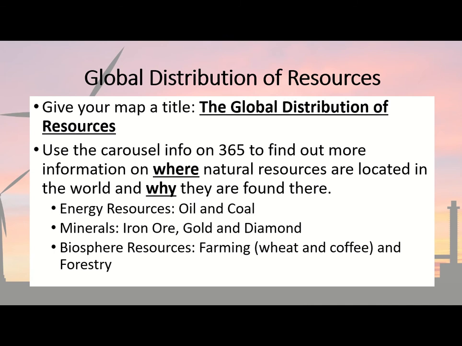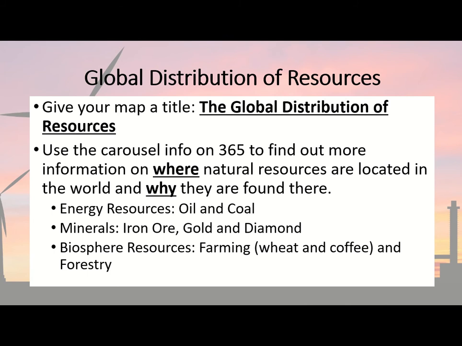So there are 3 categories that are going to be included within this particular presentation, and that is energy resources, and we're going to focus on oil and coal. We're not going to look at gas reserves. Mineral resources, so iron ore, gold and diamonds.